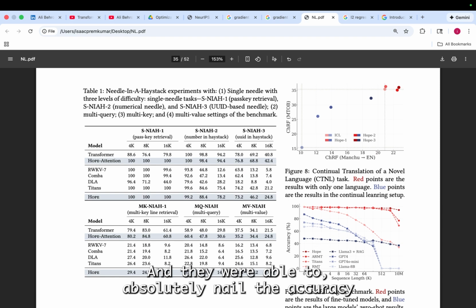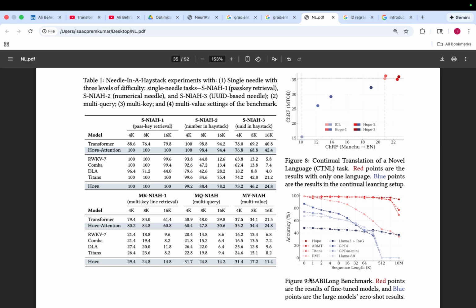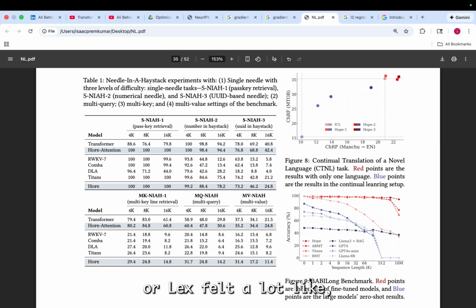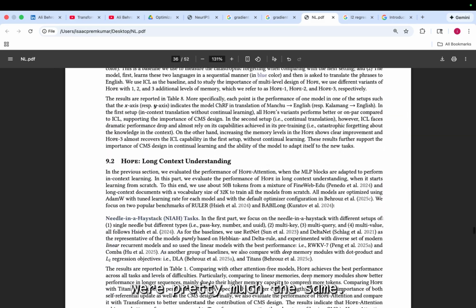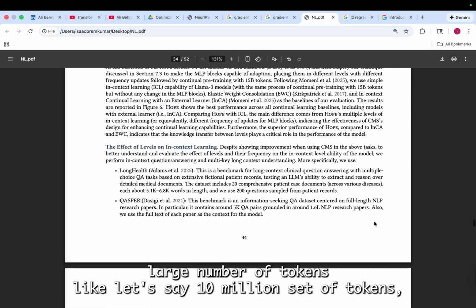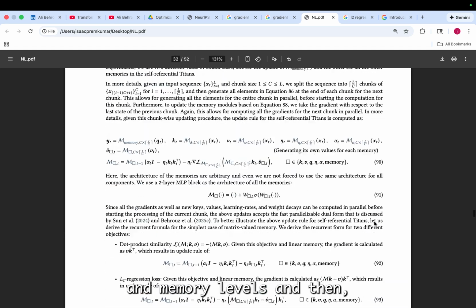They were able to absolutely nail the accuracy on this task, whereas you can see models like Llama 3 and GPT-4 struggled a lot. But over time, RMT and such architectures are pretty much the same when it comes to a large number of tokens, like let's say 10 million tokens, and memory levels.